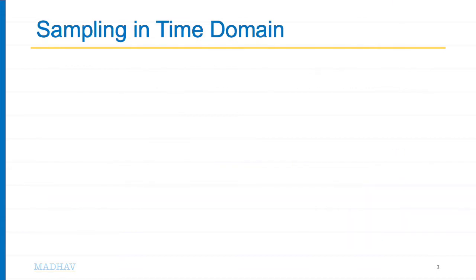Yeah, so what is sampling in the time domain? Time domain means I have a signal g_a(t), let's say it's an analog signal, that's why the subscript a. For example, when I speak, my speech makes the microphone membrane vibrate, and this vibration is connected with a transducer which generates a small voltage, and that voltage level is my analog signal g_a(t).